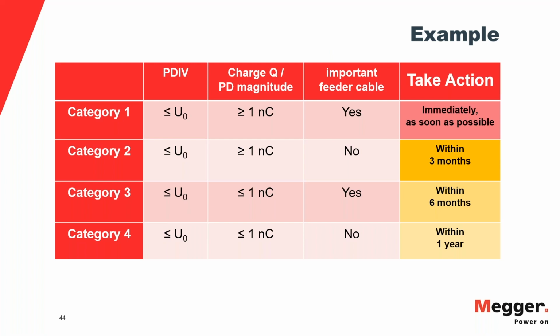And now, don't get this wrong. Action here doesn't necessarily mean cutting the cable and resplicing it or something like that. It just means take any action, which could mean, for instance, category 4, I come back in half a year and just retest it when it's fall or when it's summer, because maybe I did the test in winter and I just want to see what's going on. So this does not automatically mean repair or replacement. It could mean that, and in many cases it means that.